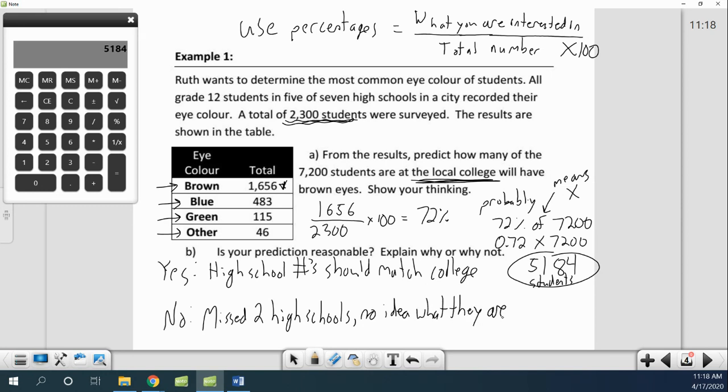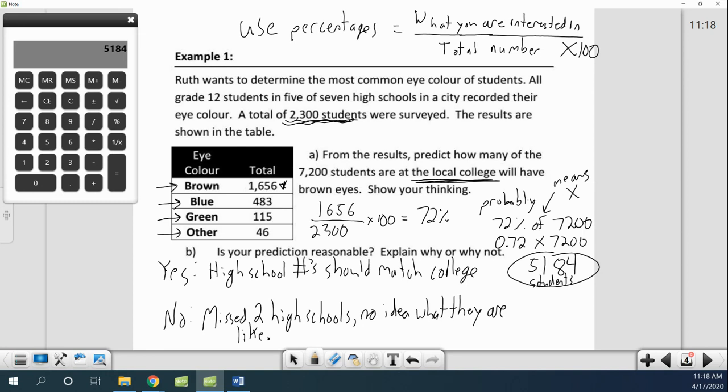One of those high schools might be a private school with a lot of high achieving students who are more likely to go to college or university. Well, their demographic might then be more important than the generic high schools. Maybe a couple of these high schools are in really rough districts and don't have a high rate of people graduating and going on to college. Maybe a lot of them go right into the workforce. Then their results might not make as much of a difference to the actual college numbers.